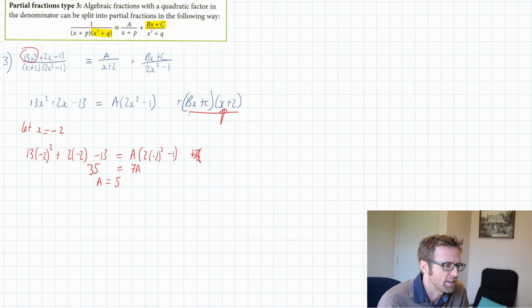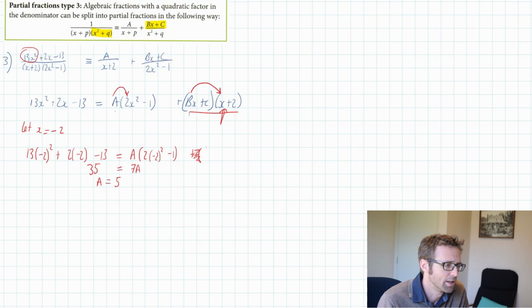Well, how do we get x squareds in this scenario? The first way that we get it is from a times 2x squared here. And the only other way we can get it is from bx times x. Now we already know that a is 5, don't we?